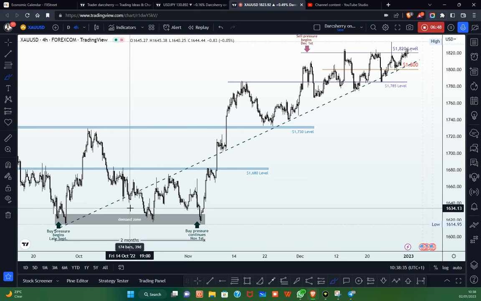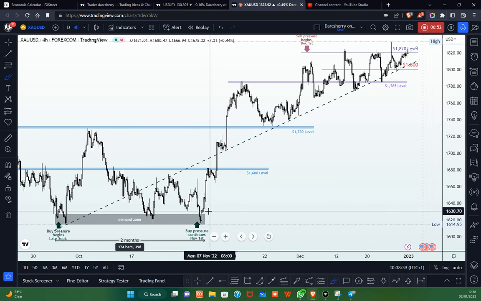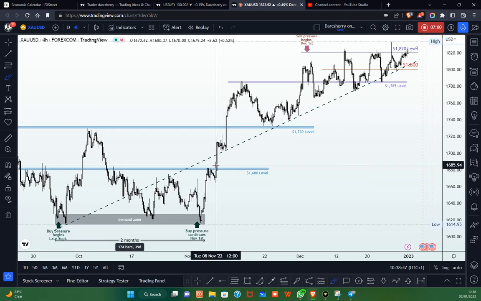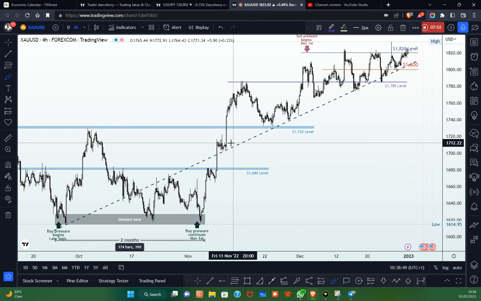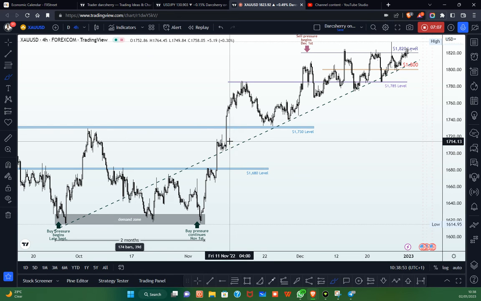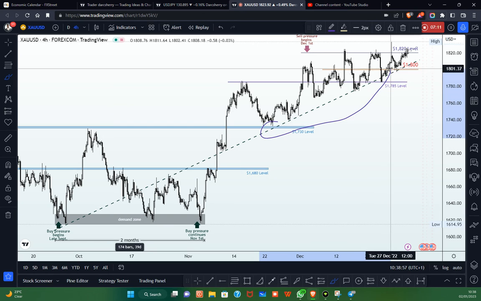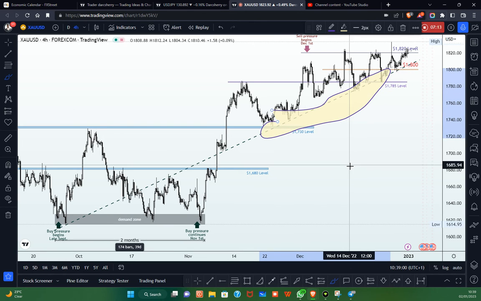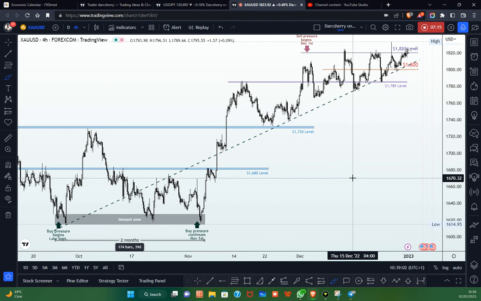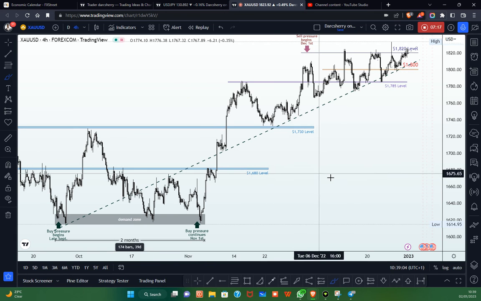And in fact, it took about 2 months before the bullish momentum spark out of that structure, and we saw that as soon as price broke out of this level, break out of the 1680, climb above the bullish trend line here in the month of November, we saw that since then price has continued to respect this bullish trend line to further emphasize the strength of the buyers at this point in the market.